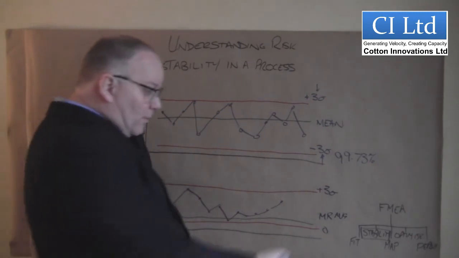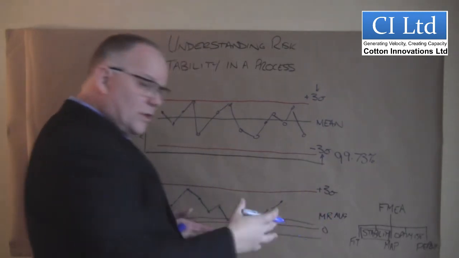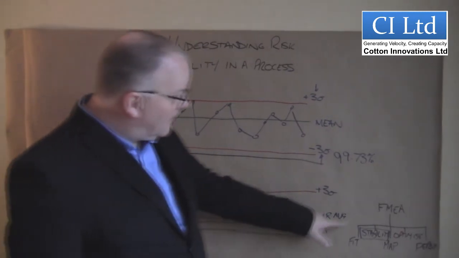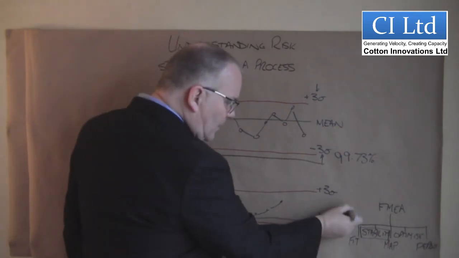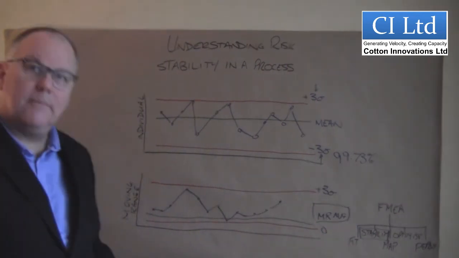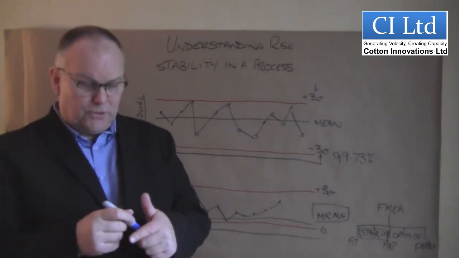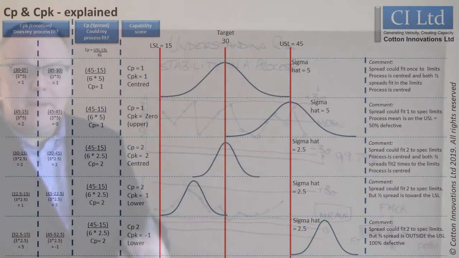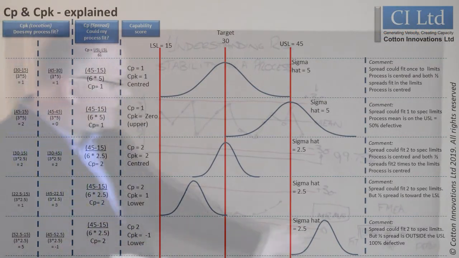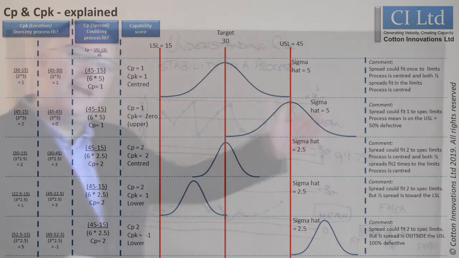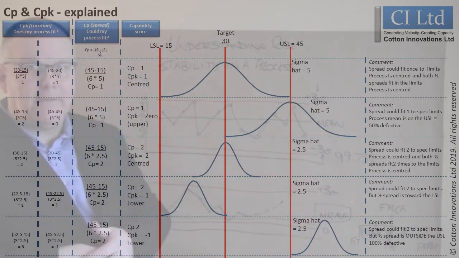Now this is a really important value, and this is why we want to know if my data has been sorted, because this number is what is going to be used to calculate my CP. In the modules on CP, CPK and PP, PPK, we talk about the two calculations. This number links into our CP value.